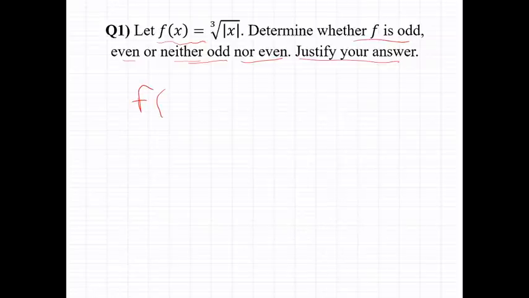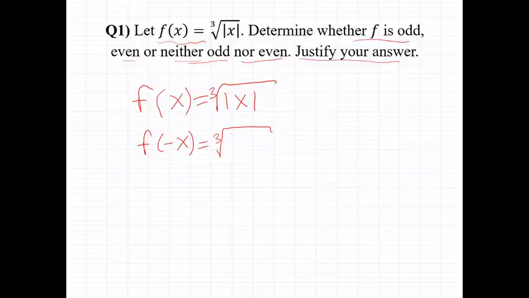Now, the first thing we check is, it's better you write it this way: if you're checking both, you write f of x and calculate f of negative x. This will be the cube root of the absolute value of negative x, so it will be the cube root of the absolute value of x.